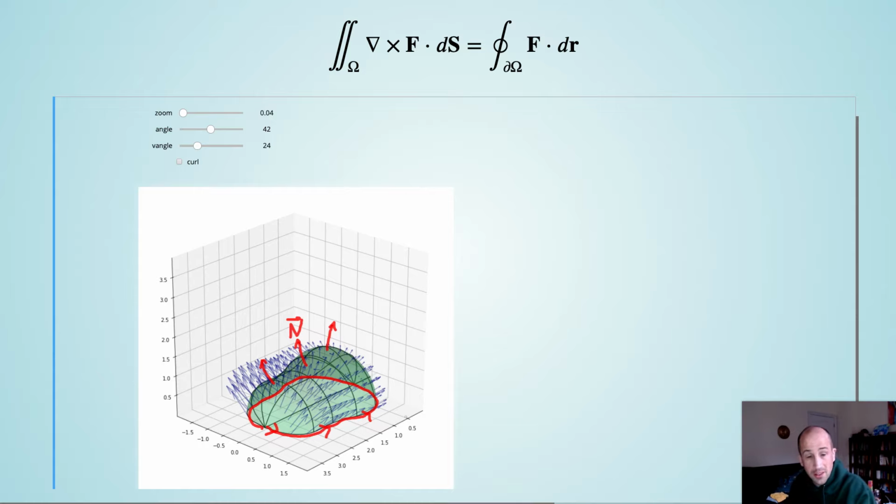So you see that in this case, if we follow with the fingers on your right hand around the boundary, your thumb would point up there. If you look down at your surface from above, as indicated by the orientation, you should see a counterclockwise curve. The other way of talking about it, sometimes you hear people say, is that when you walk along the boundary in a positively oriented direction, the surface is on your left.